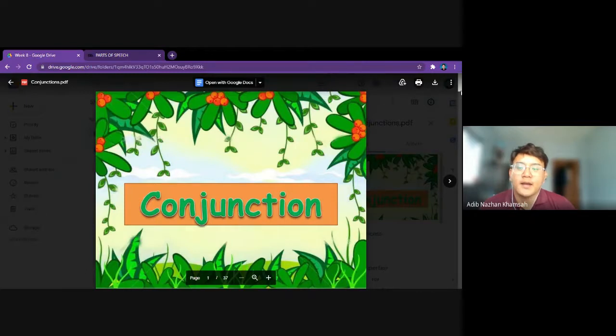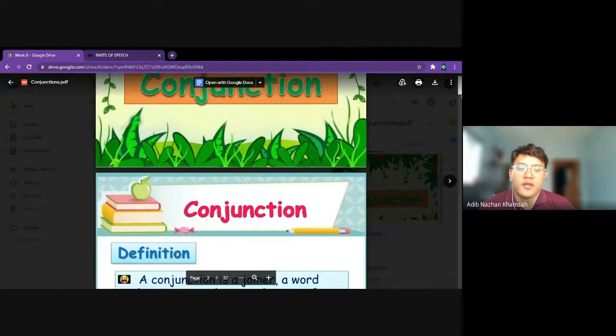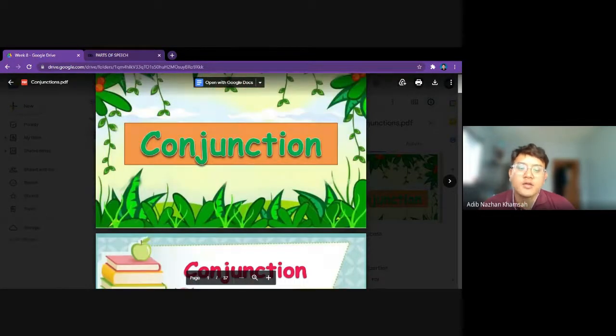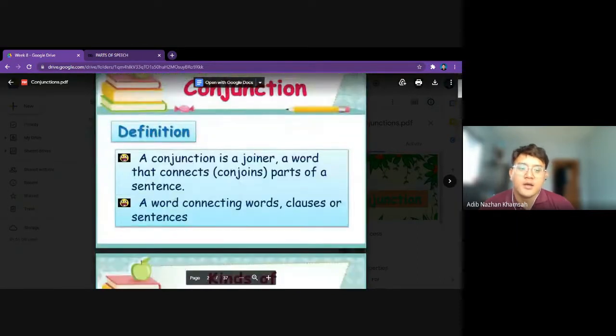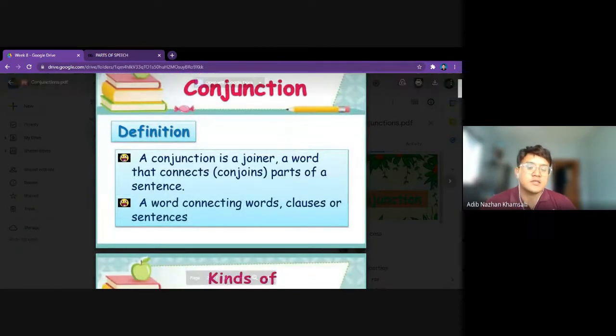Okay, then kita continue. Let's continue with focusing on conjunction. The definition states here, conjunction ni is a joiner, a word that connects, or in the bracket, conjoins parts of speech, parts of a sentence. It's a word that connects words, clauses, or sentences.